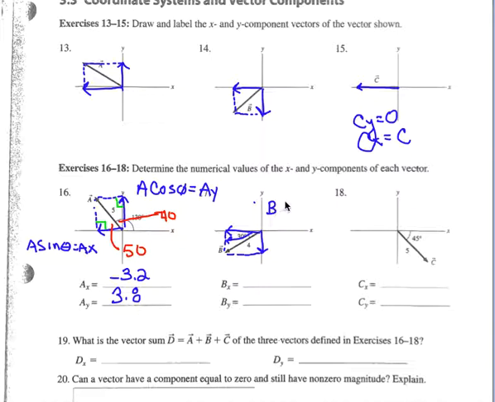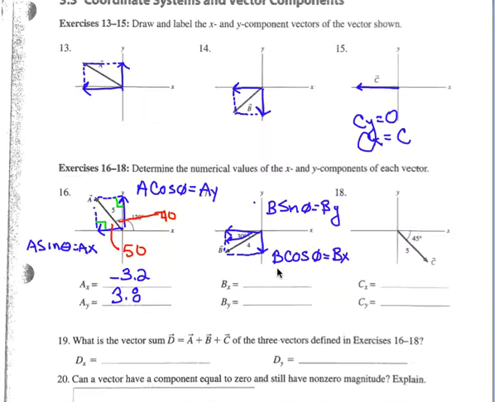We use the sine of theta. And to find the adjacent side, or the x component, we use the cosine of our angle to find the x.